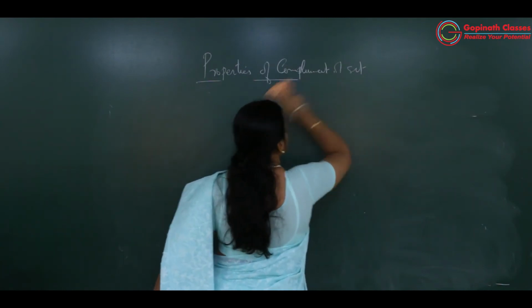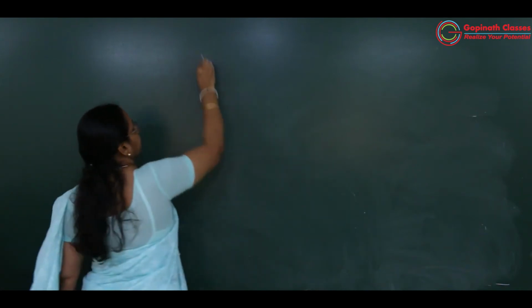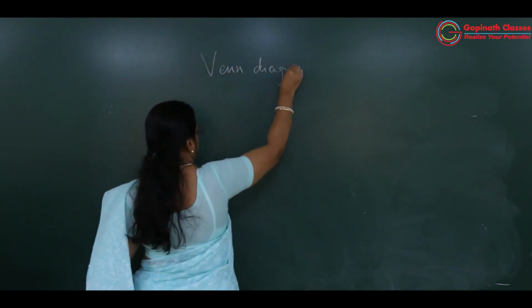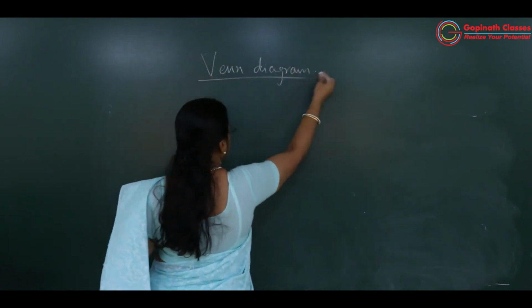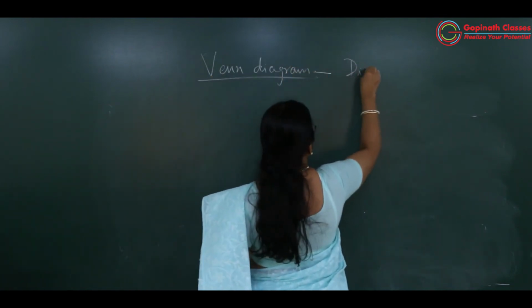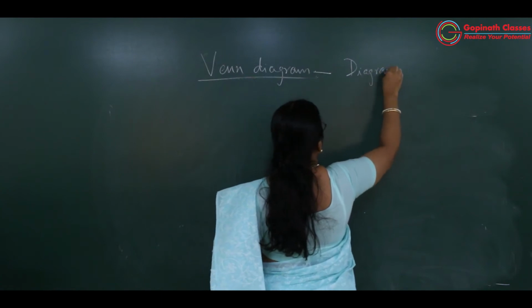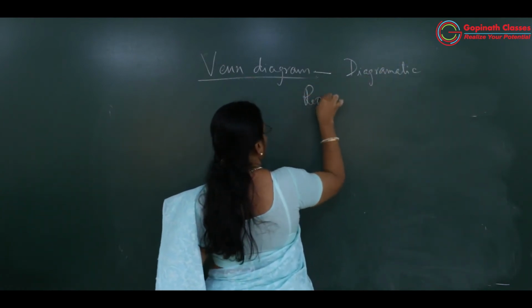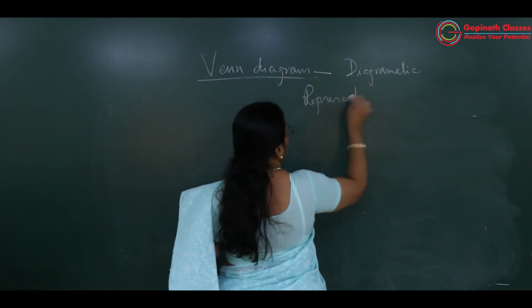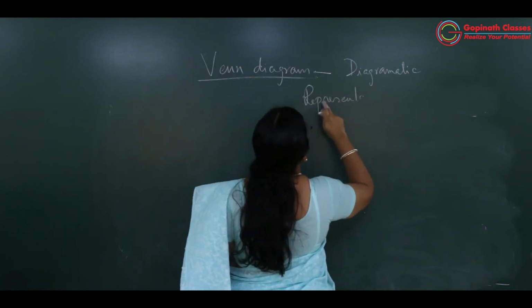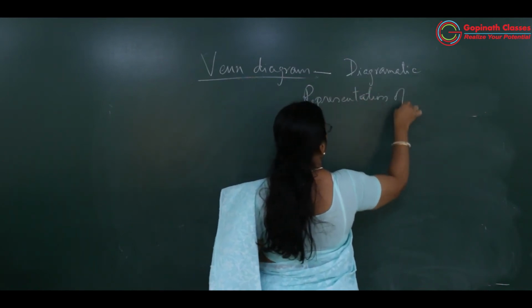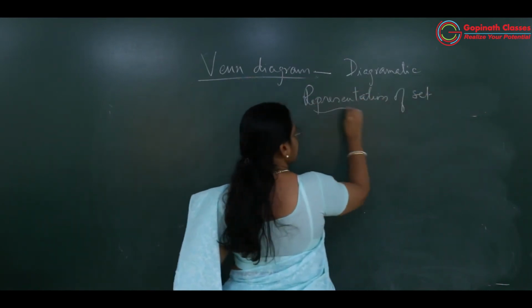Now, Venn diagrams. Venn diagram is a diagrammatic representation of set. Set and set operation.